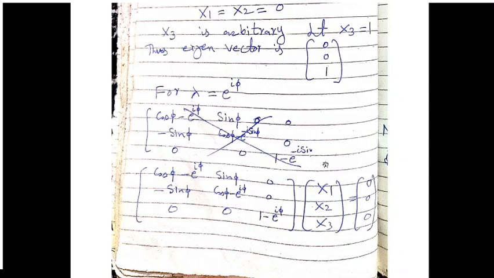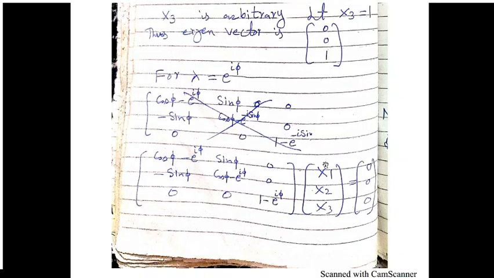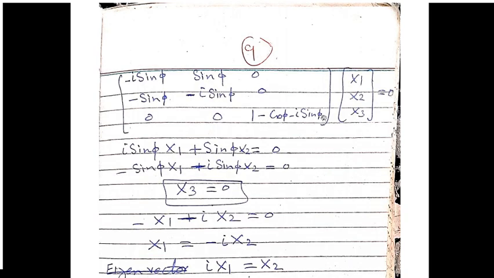Now for the second eigenvalue, for lambda equal to e to the power iota phi, we have this: cos phi minus e power iota phi, sin phi, minus sin phi, cos phi minus e power iota phi.